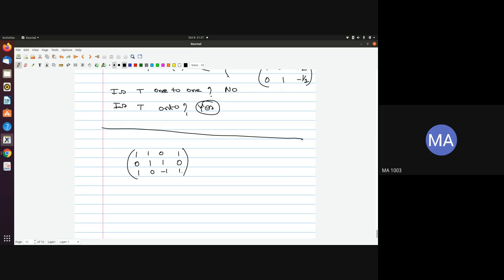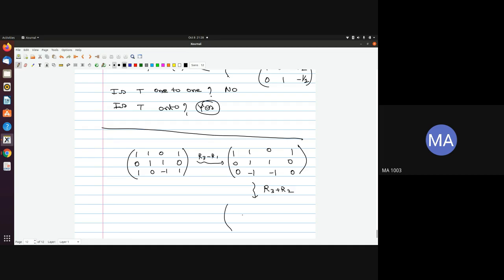So if I do row reduction, what should be my first step? R3 minus R1, yeah, right. So 0 1 1 0, this is 0 minus 1, this is minus 1, and this is 0. Right? What should be my second step? R3 plus R2. Correct.